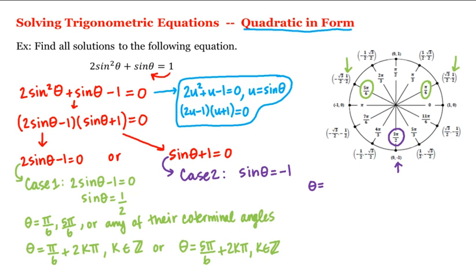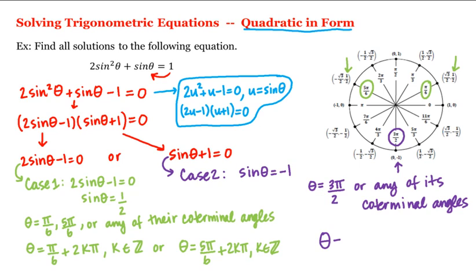That is, theta is equal to 3 pi divided by 2, or any of its coterminal angles. That is, theta is equal to 3 pi divided by 2 plus 2k pi, where k is an integer.